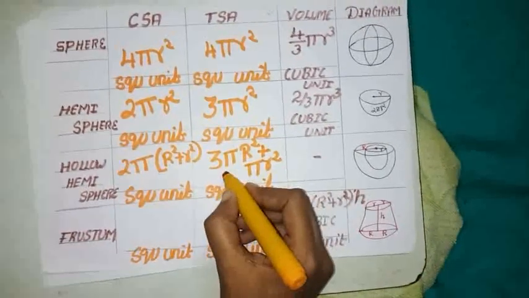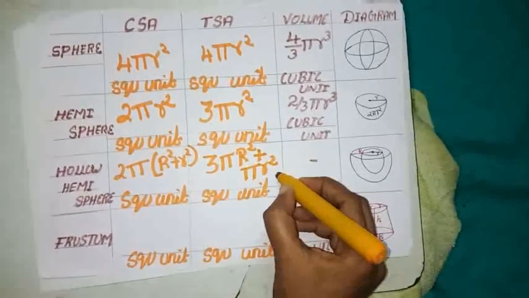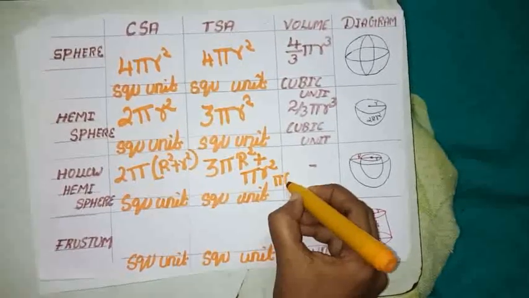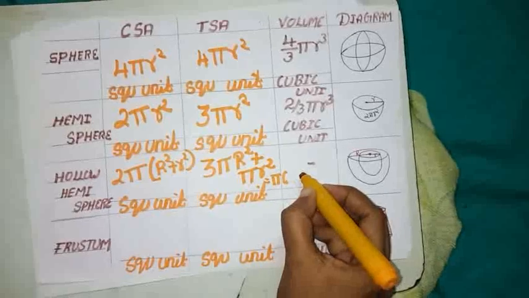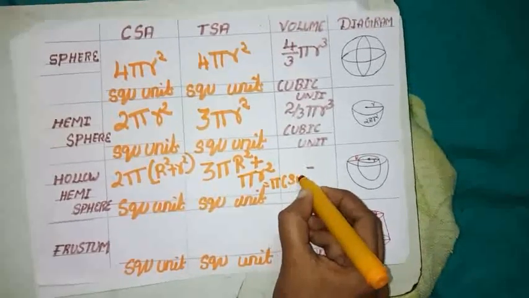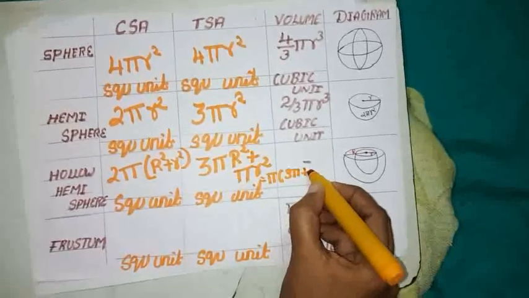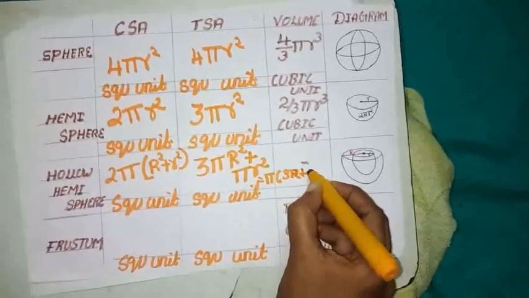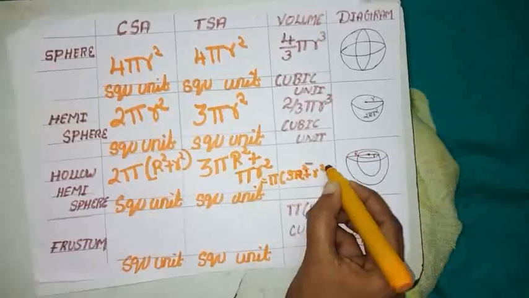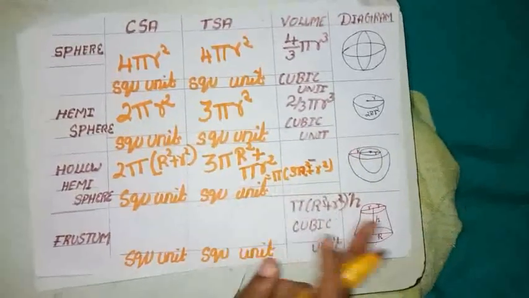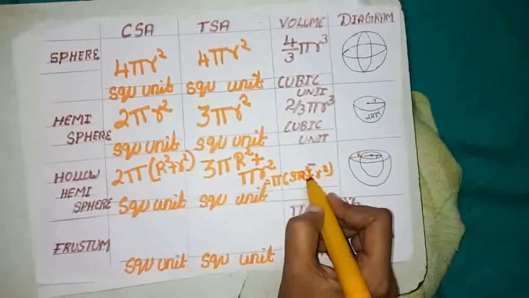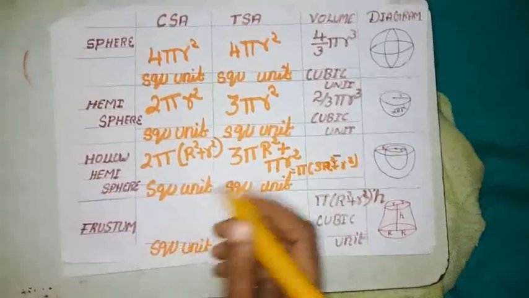If you take pi as common, the formula is pi times 3R plus r square. This is the formula. This one formula. Next one, frustum.